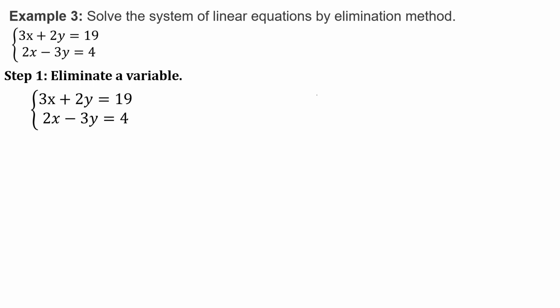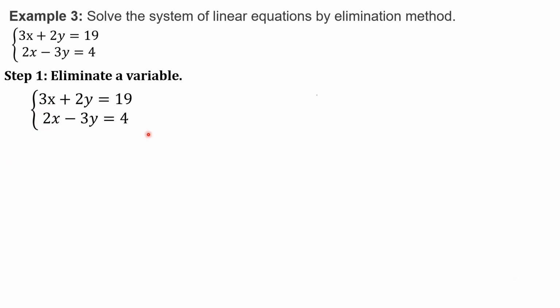In this third example, no coefficient is the same. So decide what variable to cancel, then multiply the equation to a number to make them the same. Example, I want to eliminate variable x. So 3x and 2x must have the same coefficient.